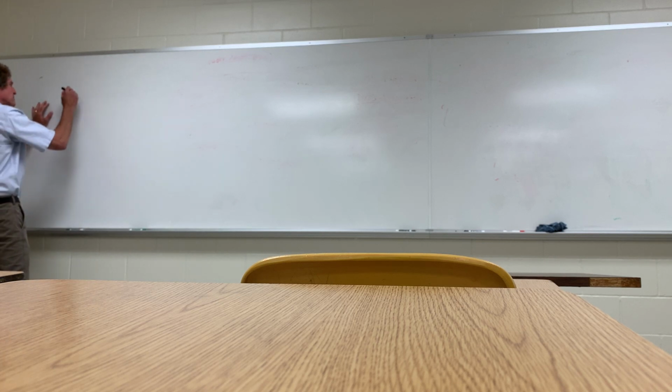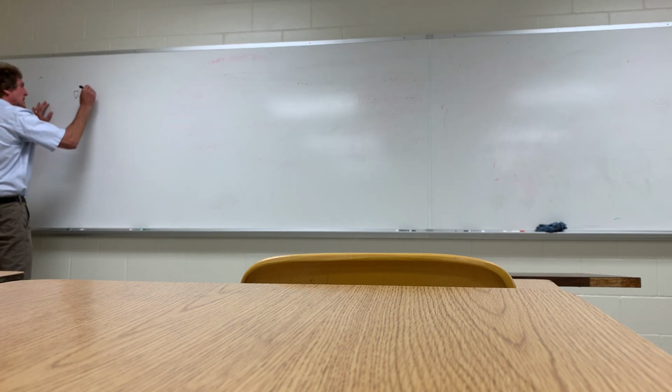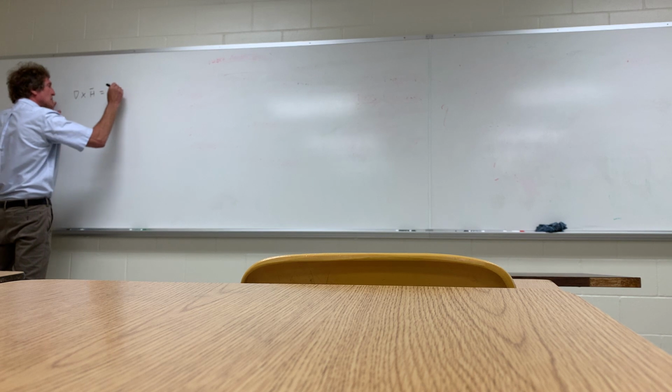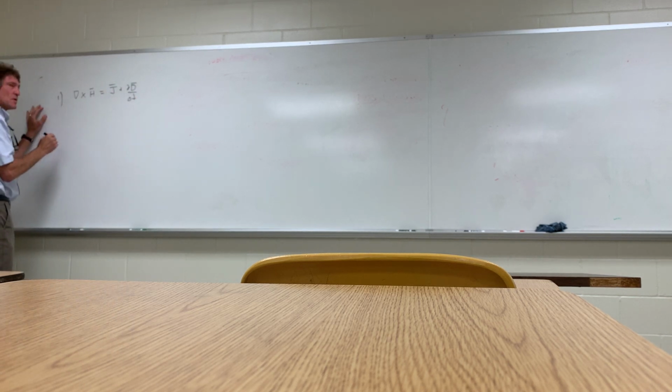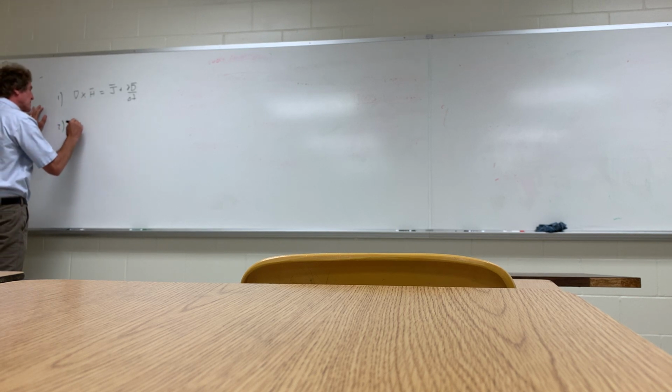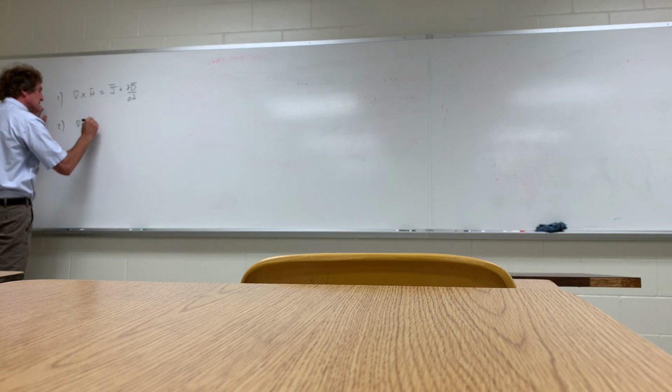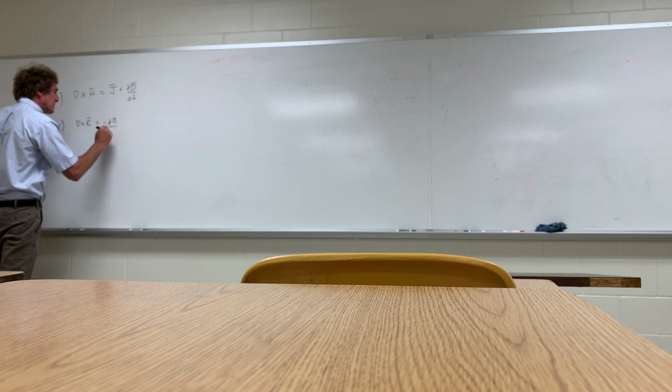The first is curl of H is equal to J plus partial of D with respect to t. That's one equation. And the second is curl of E is equal to minus dB dt.